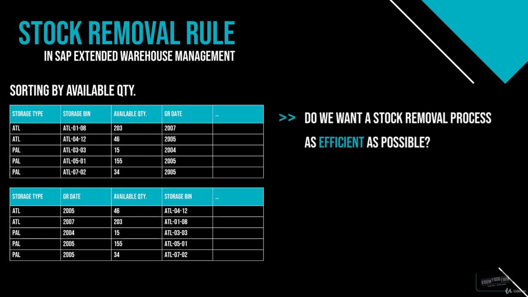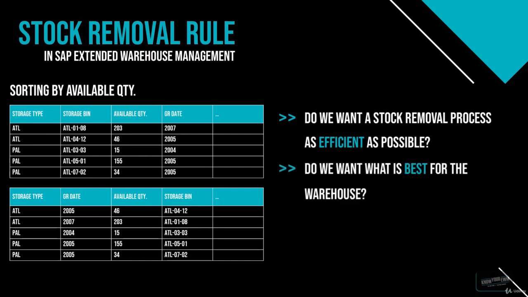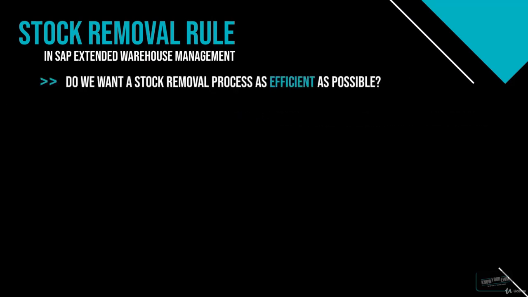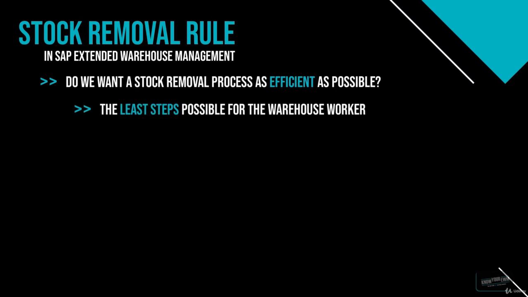Do we want a stock removal process as efficient as possible, or do we want what is best for the warehouse? The most efficient way to perform the stock removal process is that the warehouse worker has to take the least steps possible to operate the picking warehouse tasks. That again would result in the fact that we do a descending sorting of the available quantities.